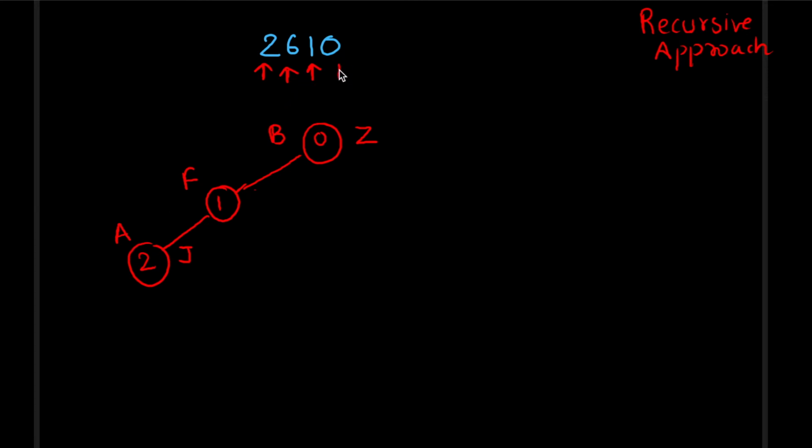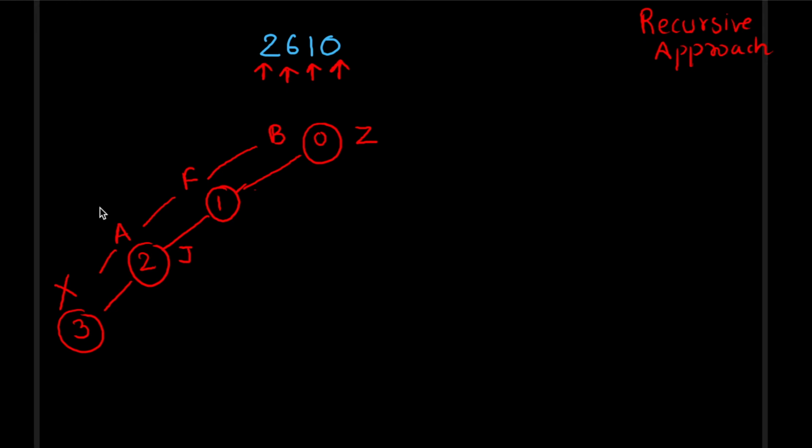Now again we increment the pointer by 1. Now we are at index 3. When you are at index 3, you are left with the integer 0. Does integer 0 correspond to any character? No, it does not correspond to any alphabet. So this is not a valid decoding of the given string.